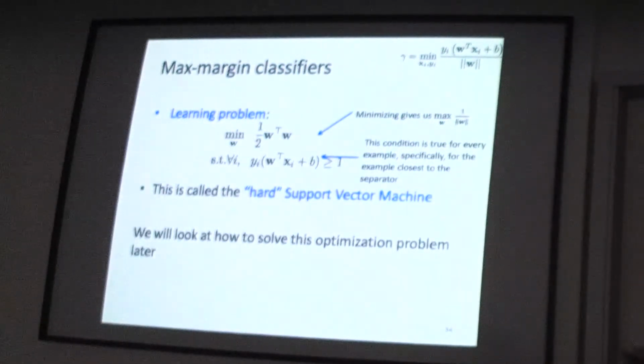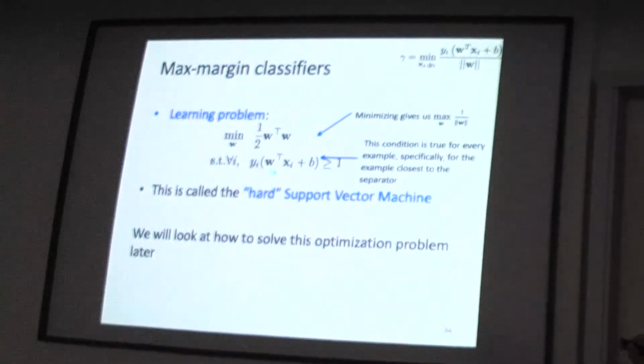So this formulation is called hard support vector machines. Why is it called hard support vector machines? Because if you look at the constraint, we require that for every training example i, the function margin, namely the product between the ground truth label and this score, is at least 1.